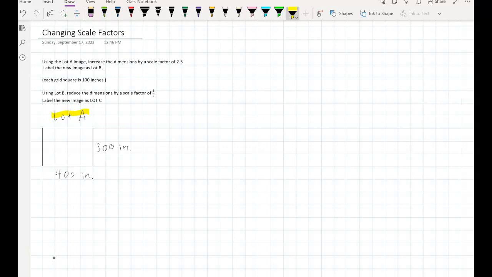Now before we go any further, let's make sure we read all the instructions. It says that each grid square is 100 inches, so every square on this is the same thing as 100 inches.